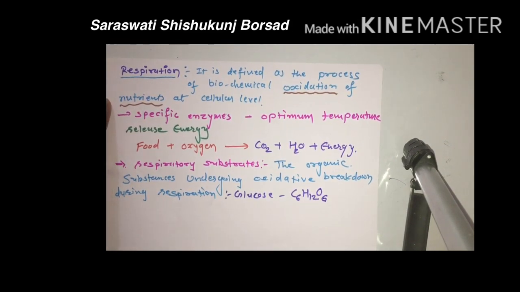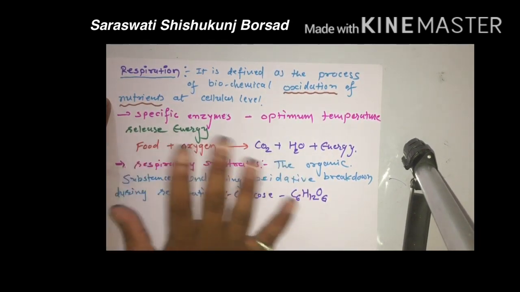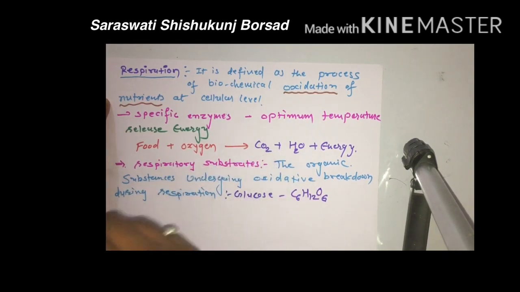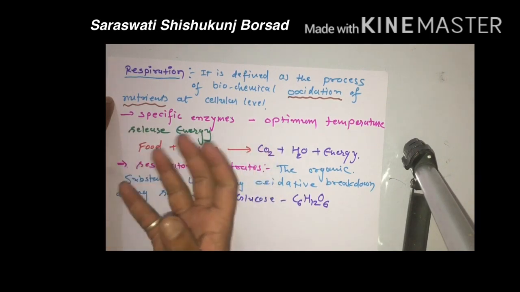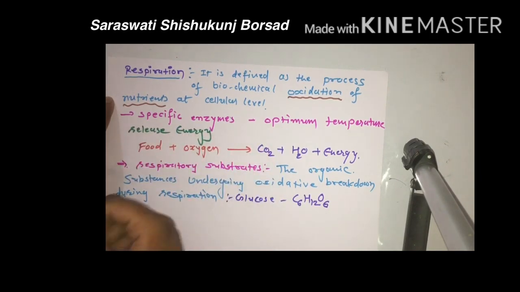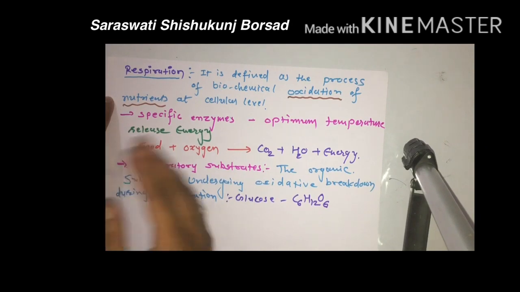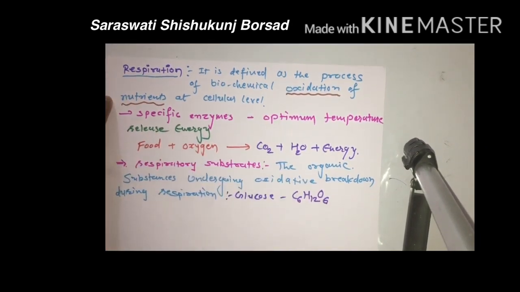Now, this biochemical oxidation of nutrients takes place in different ways. Some organisms use oxygen to break down glucose completely into carbon dioxide and water, while some do not require oxygen.